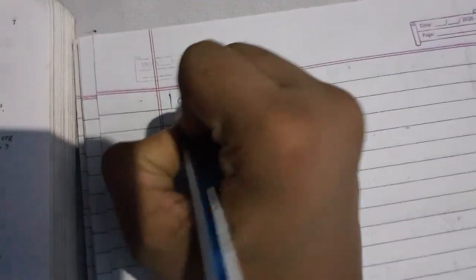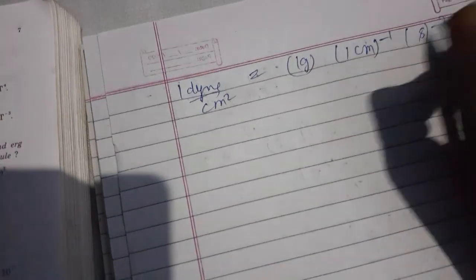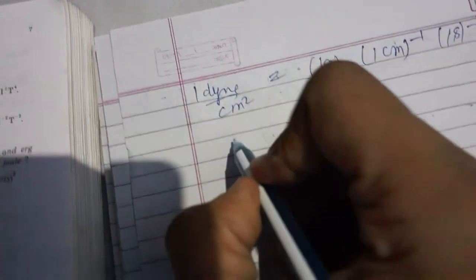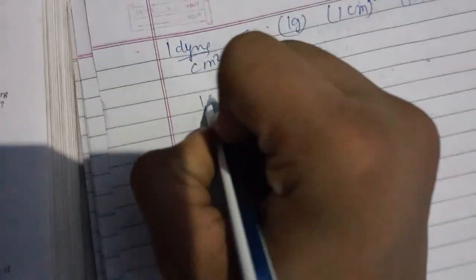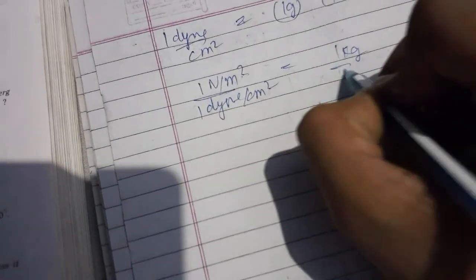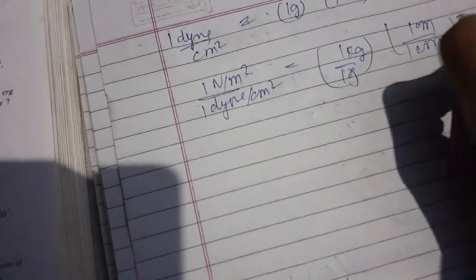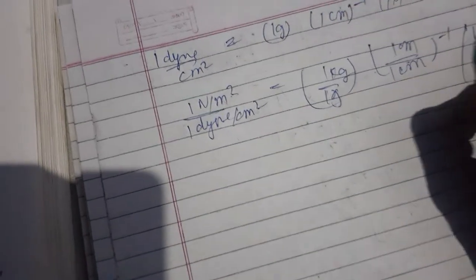And 1 dyne per centimeter square, 1 dyne is the CGS unit, so 1 gram, 1 centimeter minus 1 and 1 second minus 2. So dividing both equations, 1 Newton per meter square by 1 dyne per centimeter square equals 1 kg by 1 gram, and 1 meter by 1 centimeter minus 1, and 1 second by 1 second minus 2.